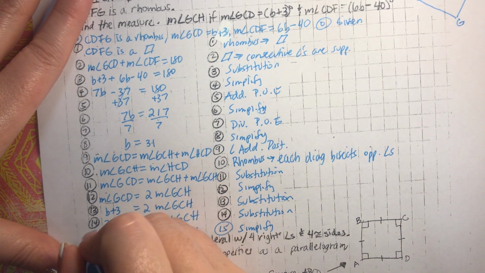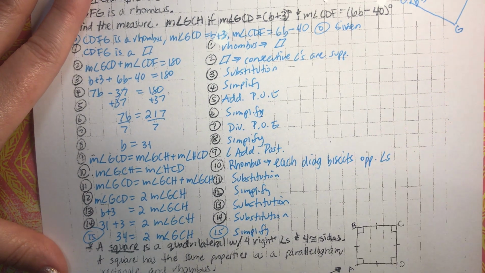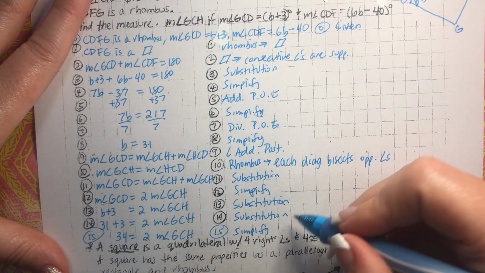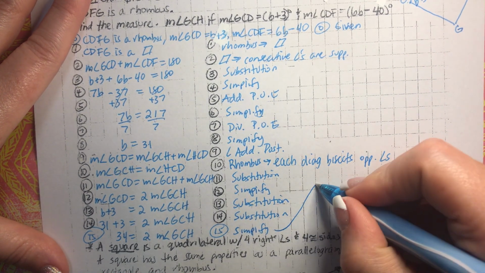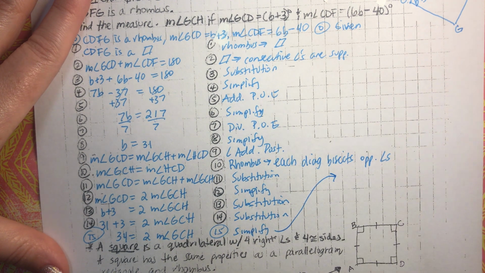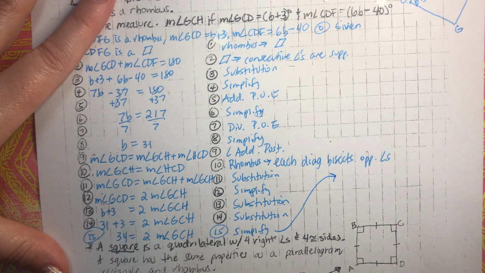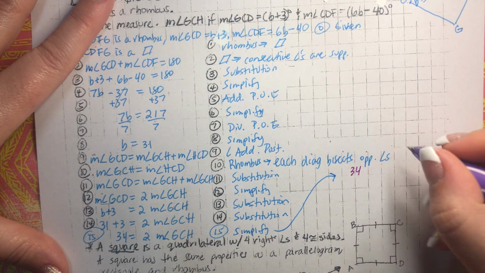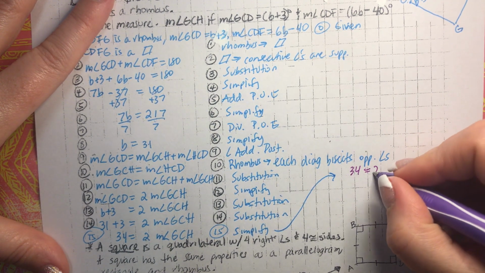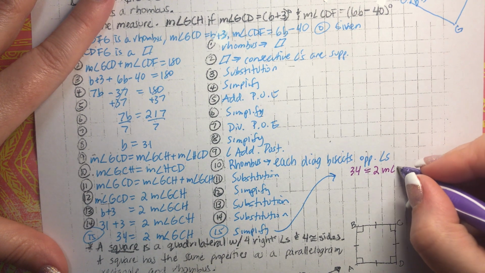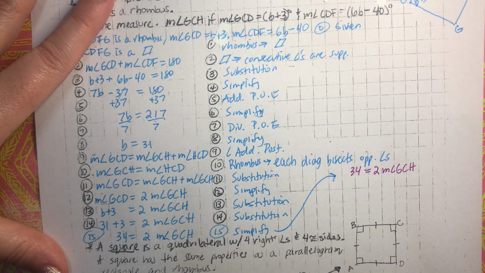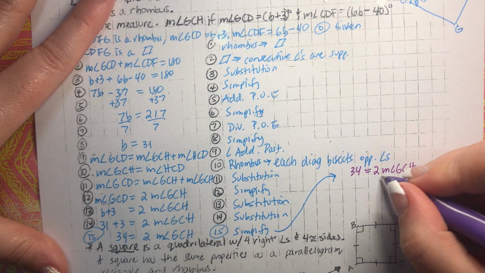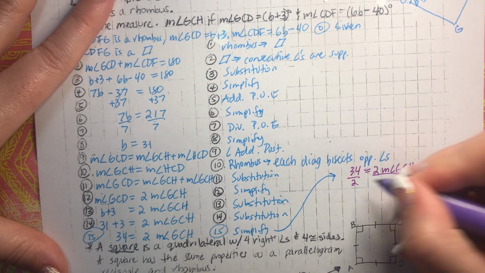Let's go over here. Maybe I'll change my color. I'm going to write 34 equals 2 times the measure of angle GCH. We need to isolate this, so we're going to divide both sides by 2.